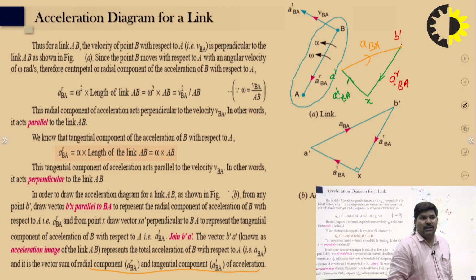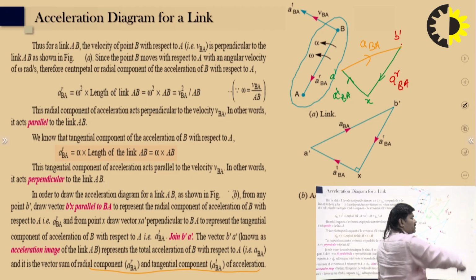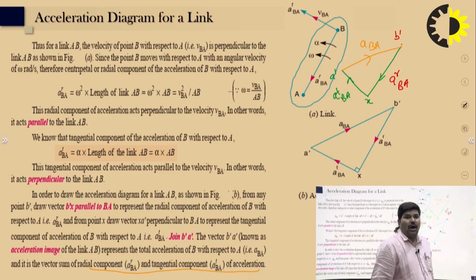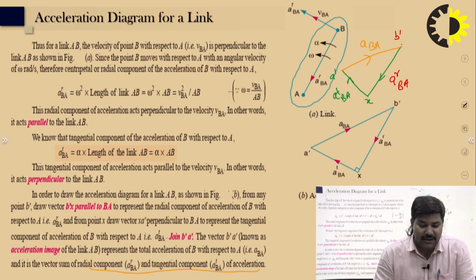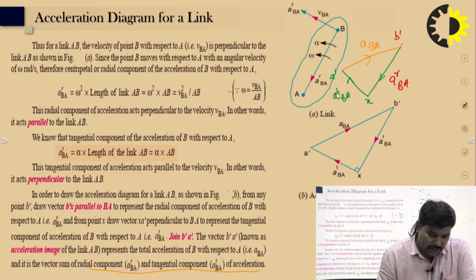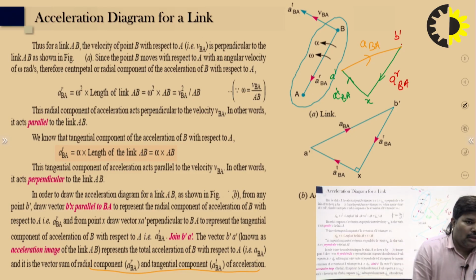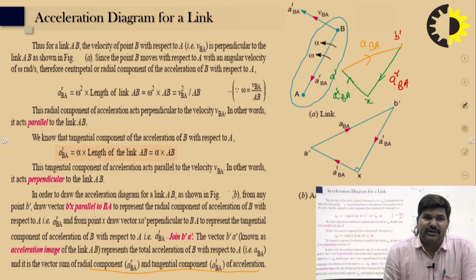Alpha is known and the length of link AB is known, so we can draw it perpendicular to link AB, or parallel to the velocity of B with respect to A. Then join a dash to b dash, and it represents the total acceleration, known as the acceleration image of link BA.